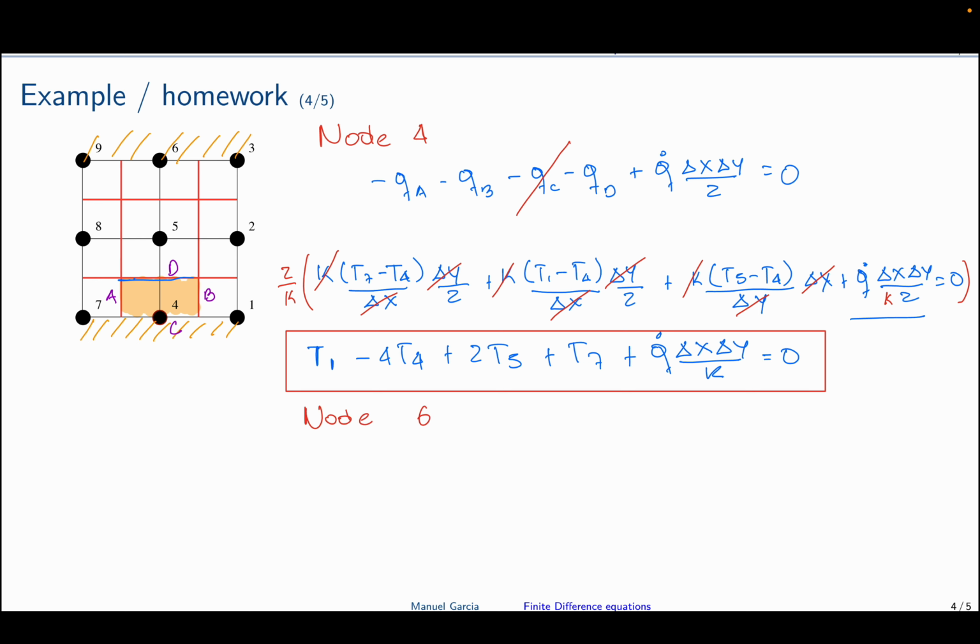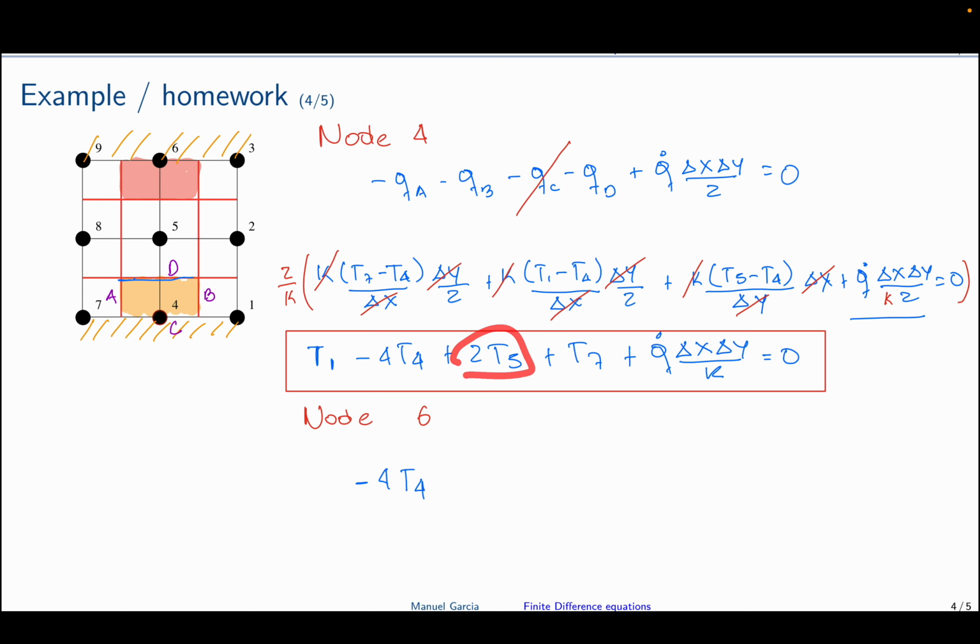Now node 6. We should be able to do something very similar because they are basically the same. So 6 is the same. What we have in here, 4 was the middle, so it should be the same thing, minus 4 times T4. And now in north we have 5, and then in south we have 5.